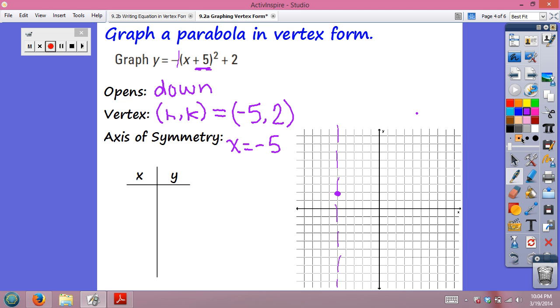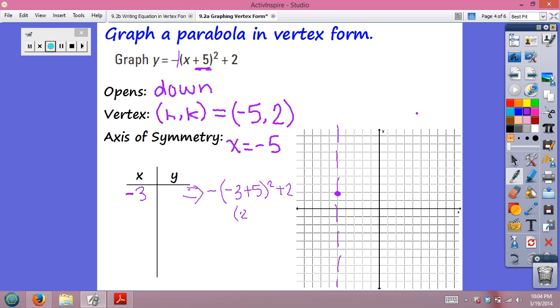So I'm going to get a little closer to our line, and I'm going to pick negative 3 for my first point. If we pick negative 3 and we plug it into our equation, we're going to get negative (3 plus 5) squared plus 2. Negative 3 plus 5 is a positive 2.